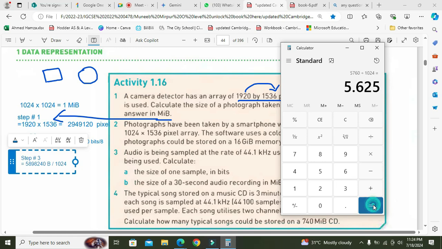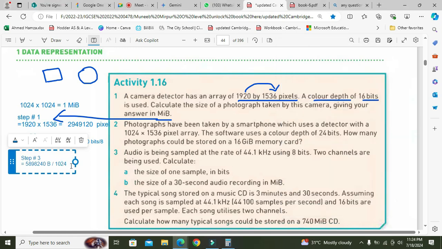So the final answer you will get is 5.6 MB. Applying 1024 two times, you convert your answer into MB, which is our required answer of activity 1.16, question number 1. Till here any confusion, class?